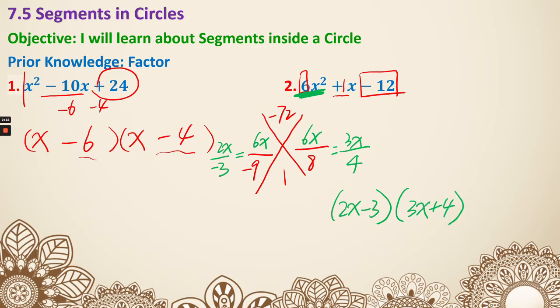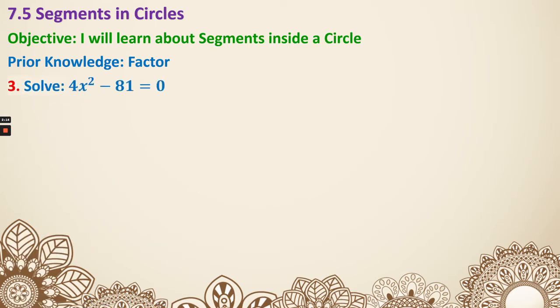That's number 2. Number 3. This time we're solving it. You can still use either the cross method or the box method, adding a plus 0x so that you have a b, which is 0. However, this comes from the formula a squared minus b squared. Notice that 4x squared is a perfect square, and 81 is a perfect square.